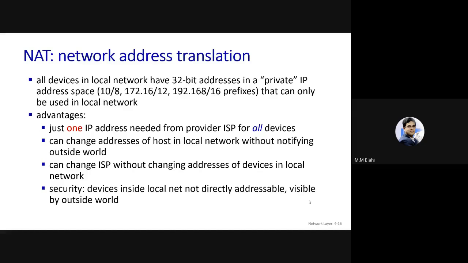One thing you can think about: using only one public IP, you can theoretically create more than 60,000 connections simultaneously, because we will see the port number is 16-bit, and using one public IP, you can change the port number so that we can differentiate the connections. We can create more than 60,000 connections.